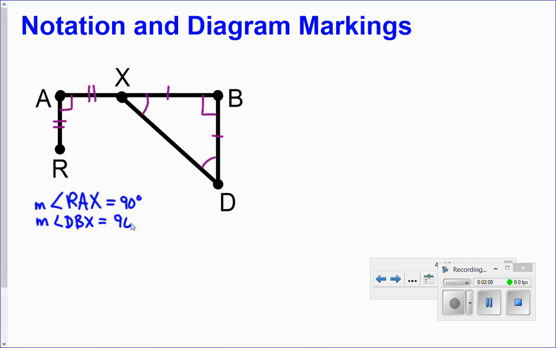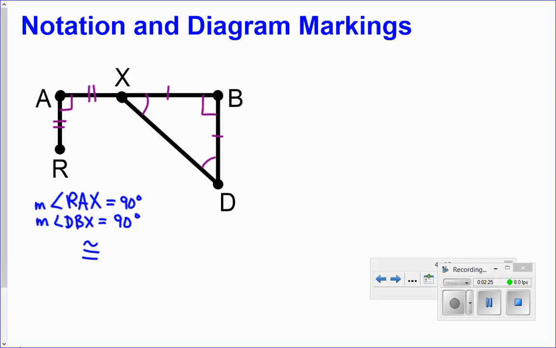equals 90 degrees. Okay. Now, when we have angles that have the same measure, like these two angles, we call those angles congruent. And there is a symbol for congruent. The symbol looks like an equal sign with a little squiggle on the top.